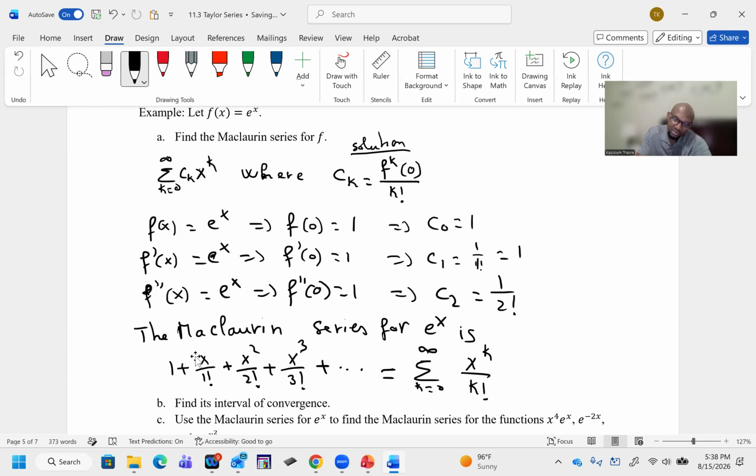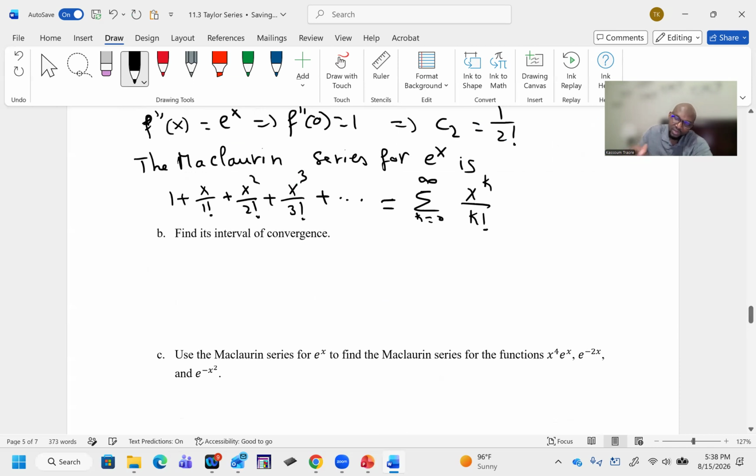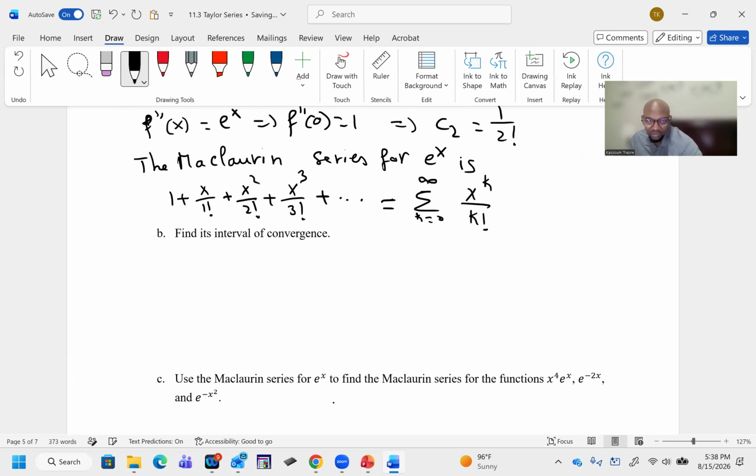And now, if I'm asked to find its interval of convergence, we would use the ratio test.